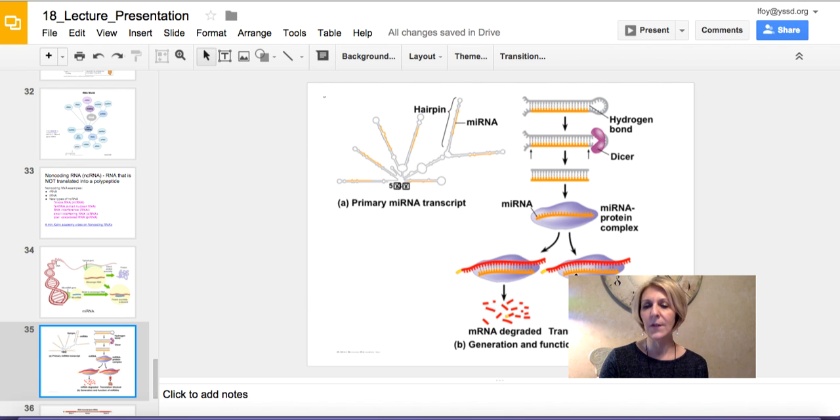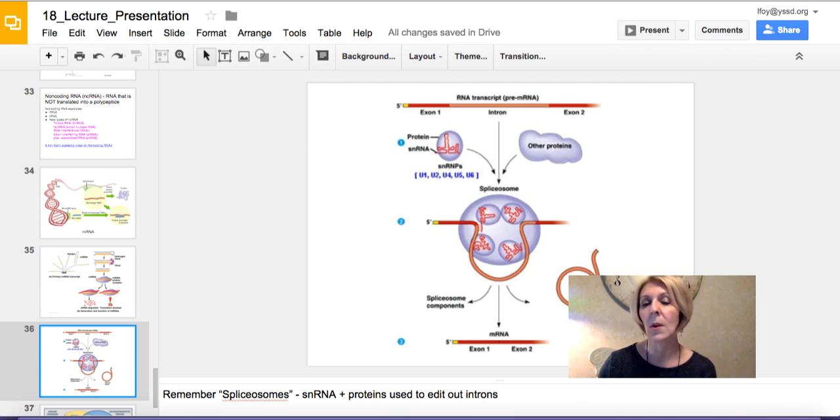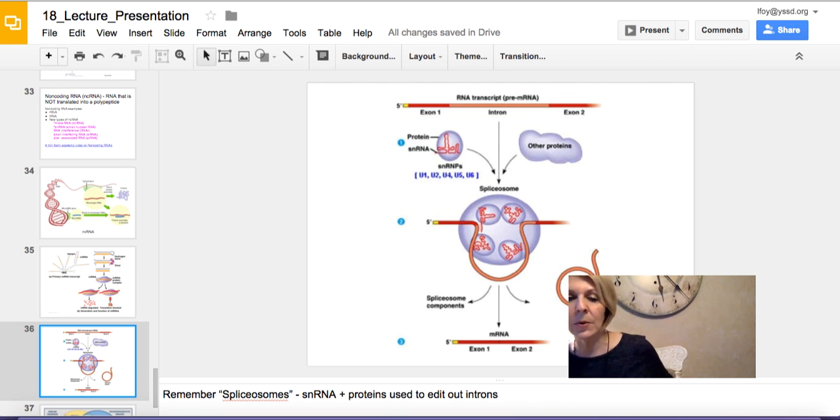If only a few of the bases on the miRNA complementary base pair with the messenger RNA strand, then the translation is just blocked. And so this is another level of control that we have just learned about in the recent past, about how miRNA can control gene expression into proteins.